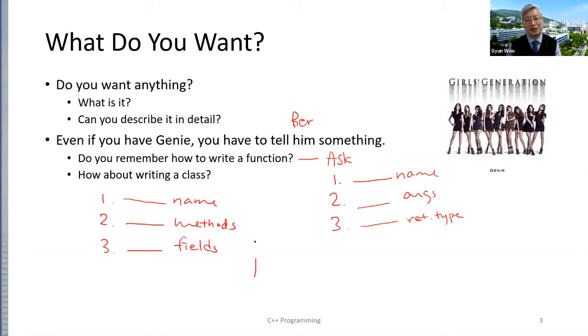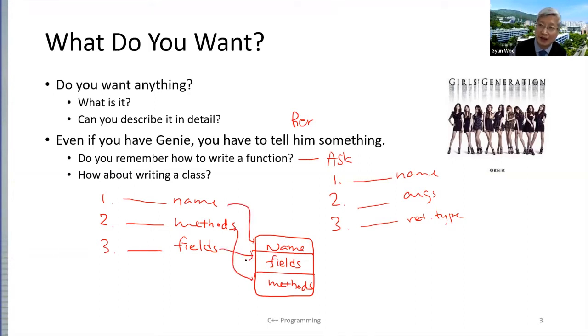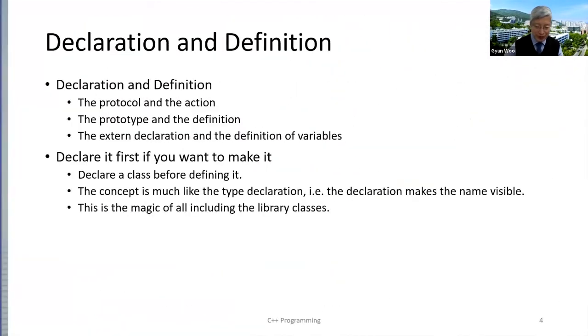So the name, fields, and methods are specified here as a class diagram. This is sometimes called design, but in any case, if you want something, you name it. So it is about the declaration.